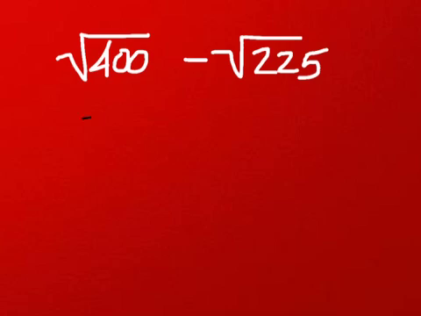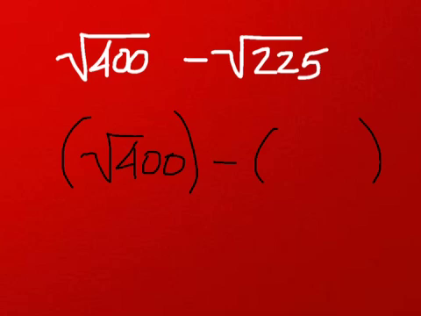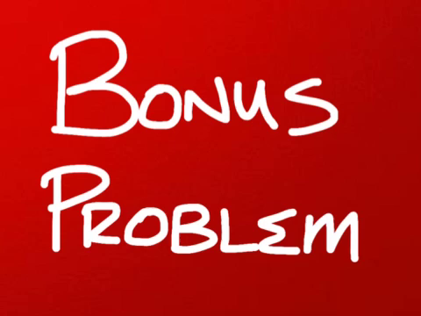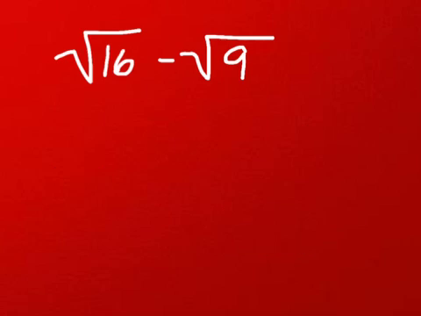Yeah, you could do that if you did it this way. If you put parentheses around the square root of 400, then minus, and then another set of parentheses like this, it'll come back to a 5. Another bonus problem. Answer should be 1. Everybody had that.